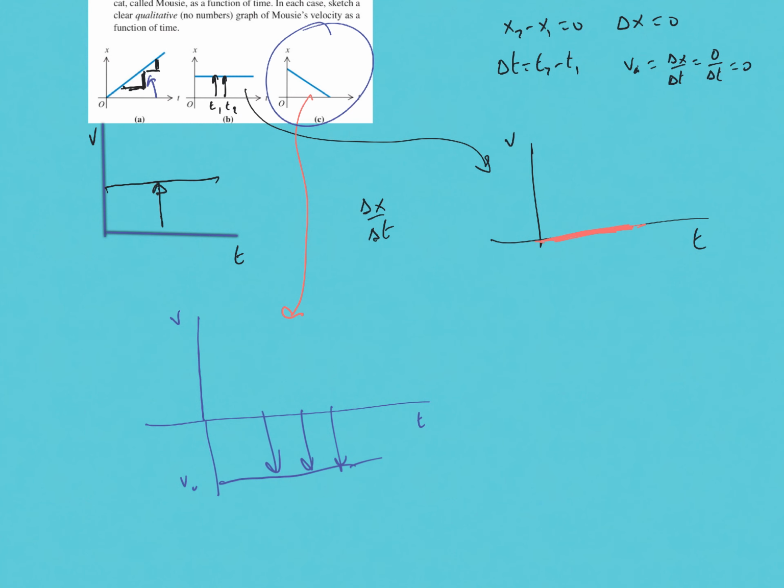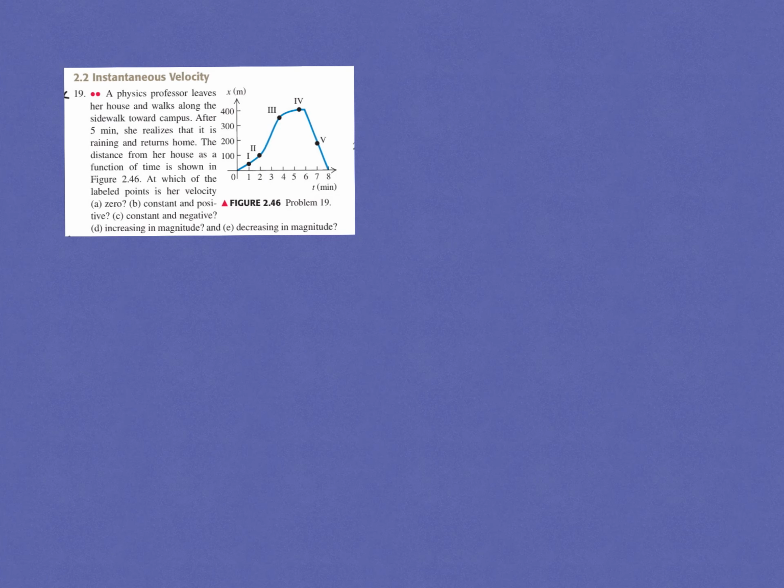Let's go to the next one. This one, you think about it. Oh, this is instantaneous velocity. Instantaneous velocity is when you calculate the average velocity, but you make a process called a limit process, where instead of just calculating delta x divided by delta t, you calculate this when delta t approaches zero, never being zero.